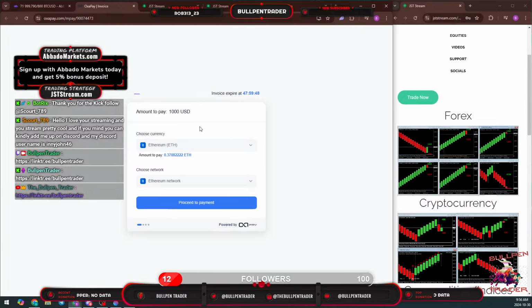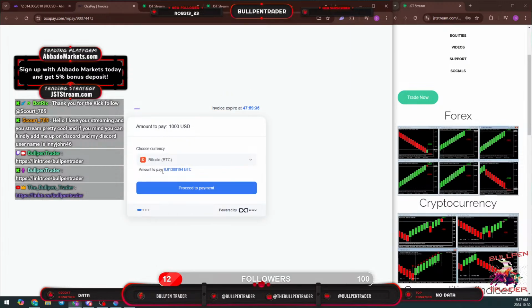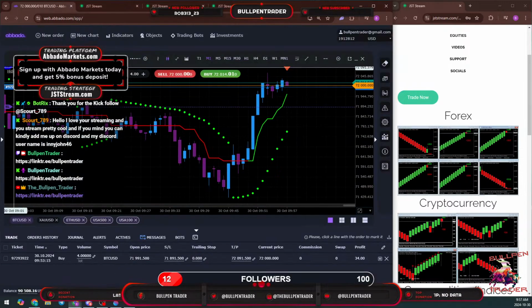You send Ethereum on the ERC20, the Ethereum network, and click proceed to payment. It's going to give you the QR code to scan, or the wallet address, and you send it over to that wallet. Or you can send Bitcoin, for example. You just buy Bitcoin on Coinbase, buy this much, or a little bit more, and then send this much to them. It's very, very simple.